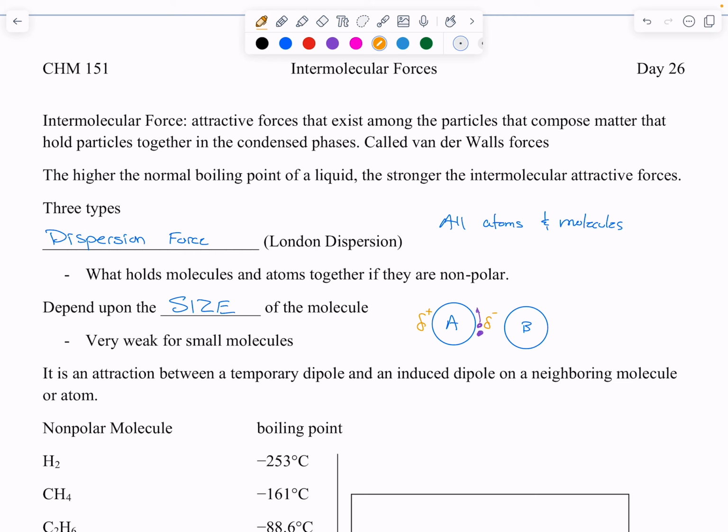However, because it's slightly negative, it'll influence the electrons over here, which will want to repel and go to the other side of B. This is very short-lived. It's not very strong, especially in atoms and small things, but it exists.